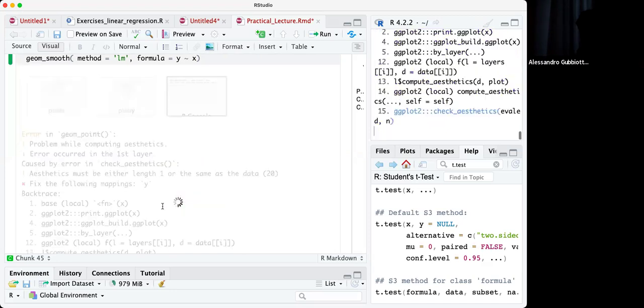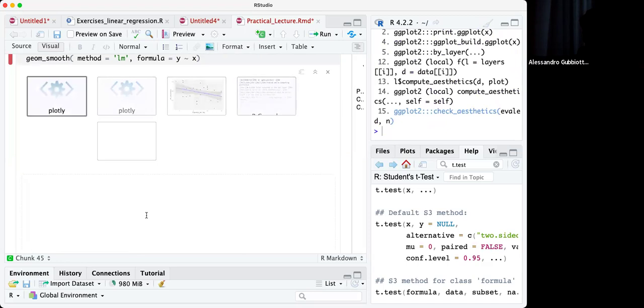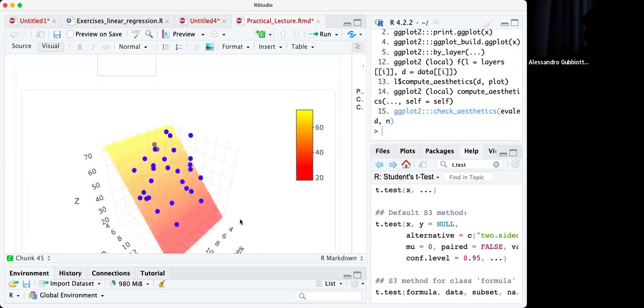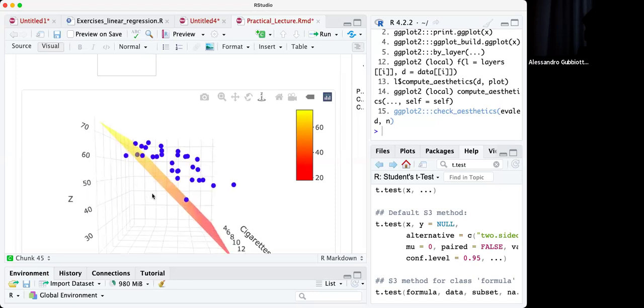This is because I kind of introduced, without mentioning it, the multivariate linear regression, trying the linear regression using more than one predictor. It is really the same, but let's visualize it.